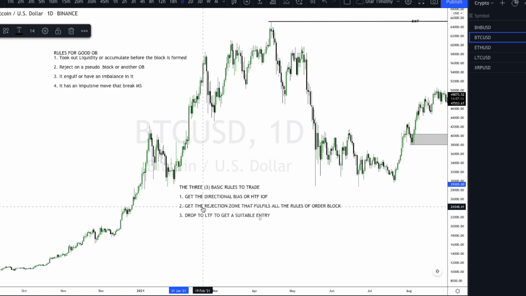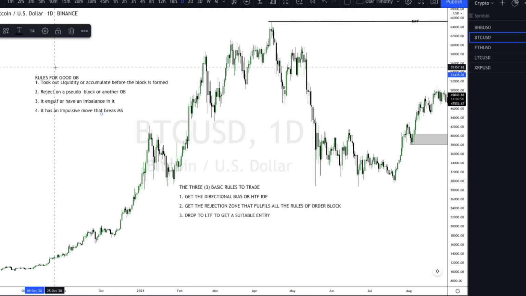Rule number 1 says that I'm going to get directional bias or higher time frame IOF. Rule number 2 says get a rejection zone that fulfills all the rules of a good block. And what are these rules of a good block? This is what I've written for you here. Number 1, it must take out liquidity or accumulate before the block is formed. Number 2, it rejects on a pseudo block or another OB. Number 3, it engulfs or has an imbalance in it.